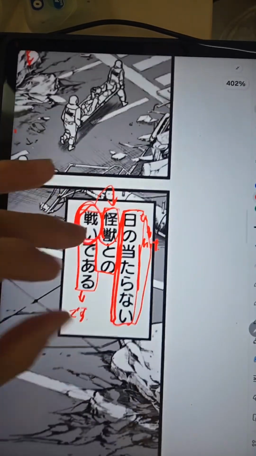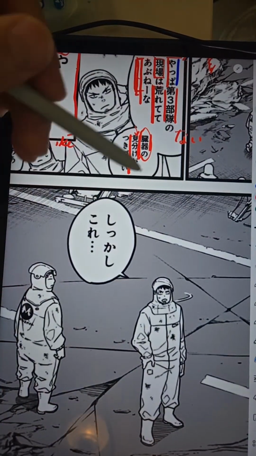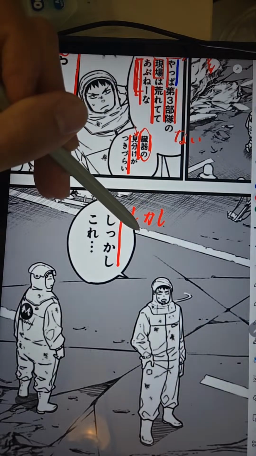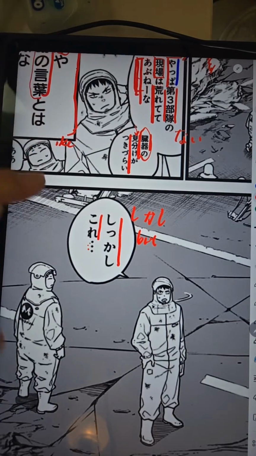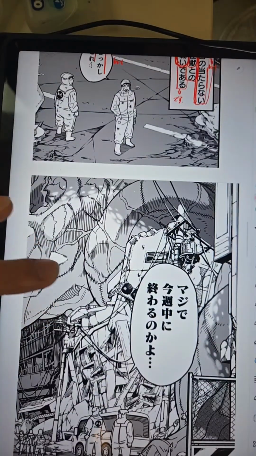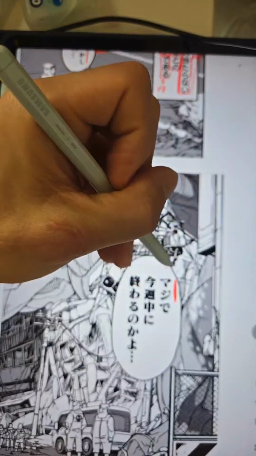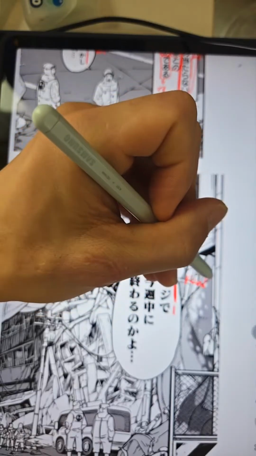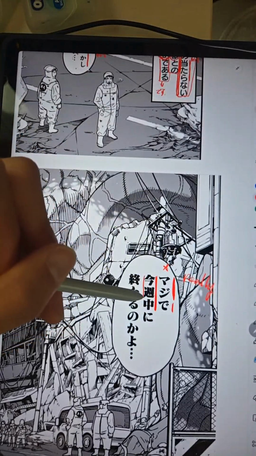Explaining about their job. Again, their job is just to clean the mess. しかし, just emphasizing but. しかし is a formal way of saying but, like demo. But this, マジで今週中に終わるのかよ. マジ is a good, popular word that people use. Real. That's why マジで means really. 今週 means this week.